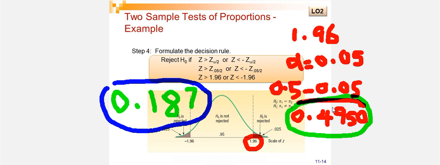Ada kawan-kawan boleh bagi idea how we get the different value untuk bantu Chang? Kita cuba tanya Siti Rabia. Yes, doktor. Saya tak dapat. Tak dapat kat mana?